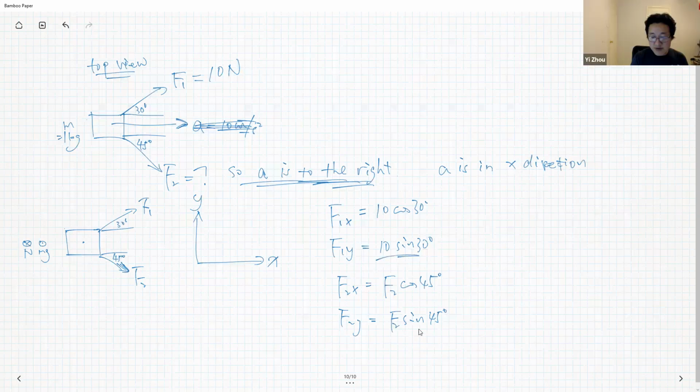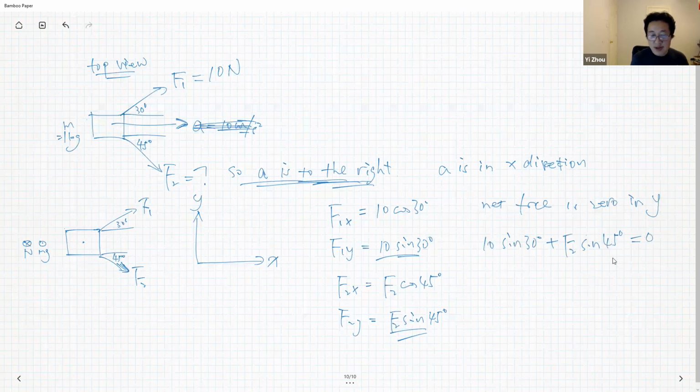Okay, so how do we write that? 10 sine 30 degrees. Let me write this in y. So 10 sine 30 plus F2 sine 45 degrees equals 0, right? Yeah.